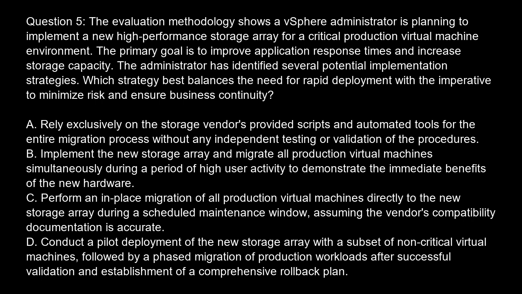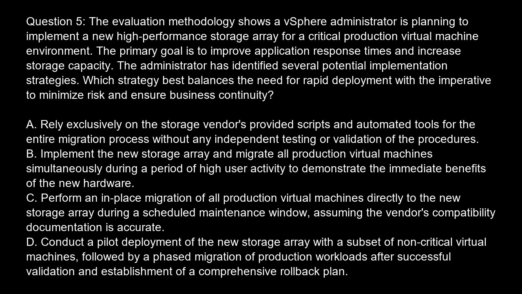Option A. Rely exclusively on the storage vendors' provided scripts and automated tools for the entire migration process without any independent testing or validation of the procedures. Option B. Implement the new storage array and migrate all production virtual machines simultaneously during a period of high user activity to demonstrate the immediate benefits of the new hardware.